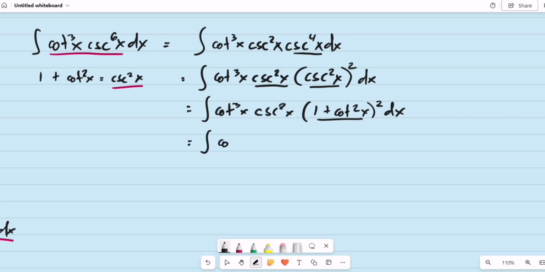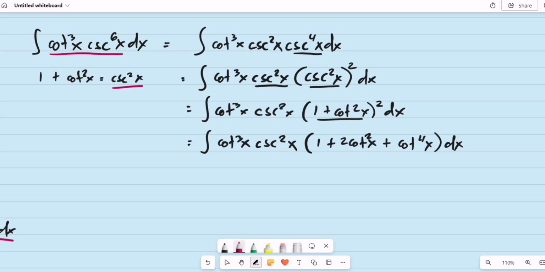That is the integral of cotangent cube of x multiplied by cosecant squared of x. Simply, we need to expand this binomial, that is 1 plus 2 cotangent squared of x, then plus cotangent raised to 4 of x, close parenthesis, multiplied by dx.